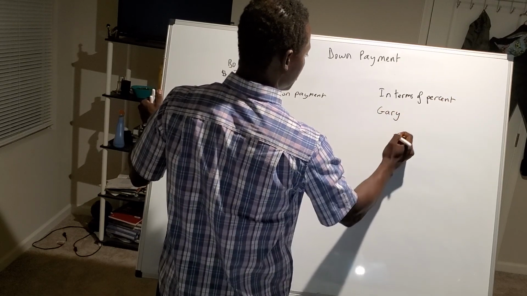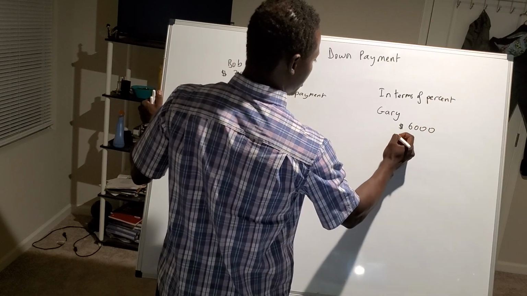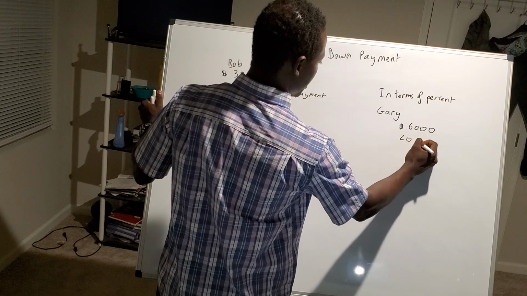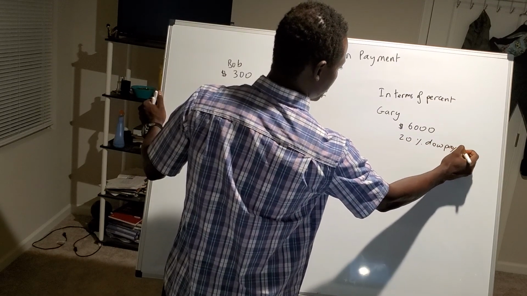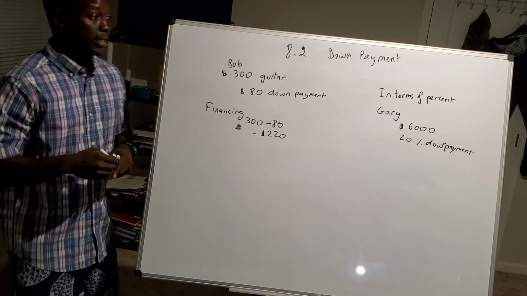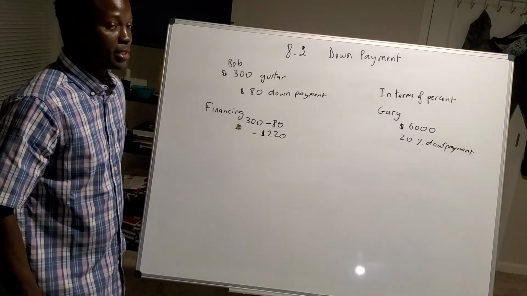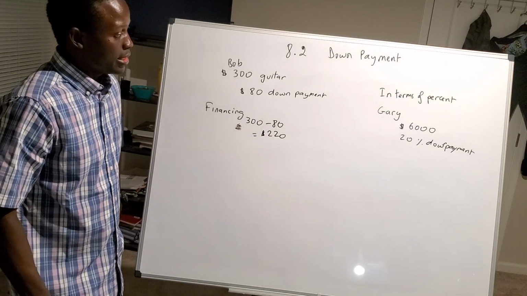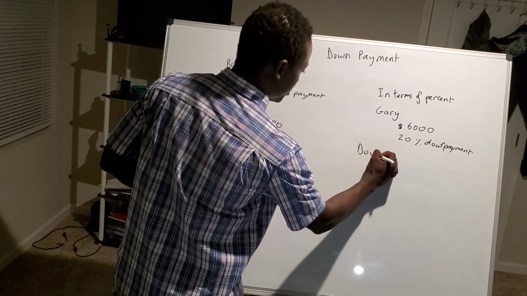Gary is borrowing 6,000, and he's putting a 20% down payment. What is the 20% down payment? We're going to find out what the down payment is.